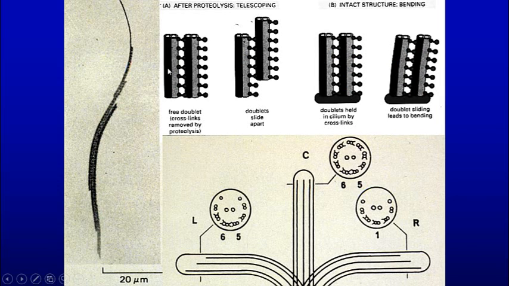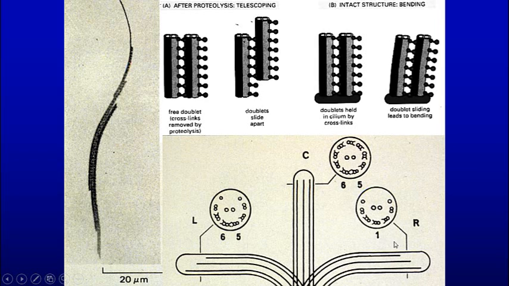As I mentioned, one doublet moves in relation to the other doublet, and so as it swings back and forth, you can even see the singlets at the very end. And it swings the other way, it's the other group, back and forth. If you're cutting a cross-section, you will see all the 9 doublet microtubules.